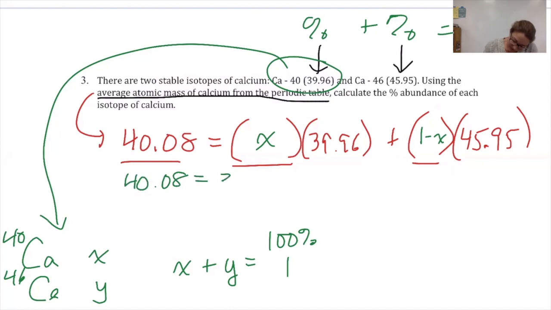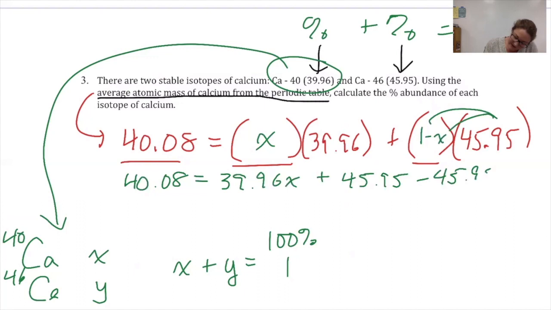40.08 will equal 39.96x plus, over here I'm going to distribute, 45.95 minus 45.95x. Collecting like terms. Combining these two numbers, I have negative 5.99x on this side.